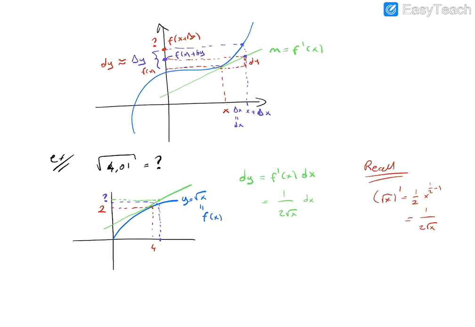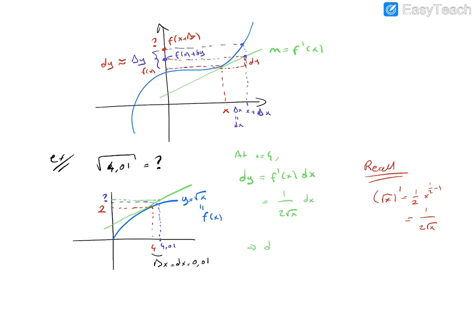So this purple point is 4.01. Actually, our aim is to calculate this value. So the change of x here, this is the change of x, which is dx, 0.01. So at the point x equals 4, we can calculate the differential of y.